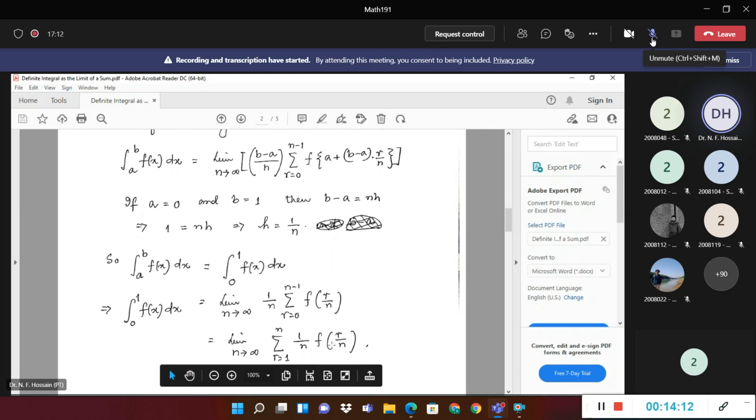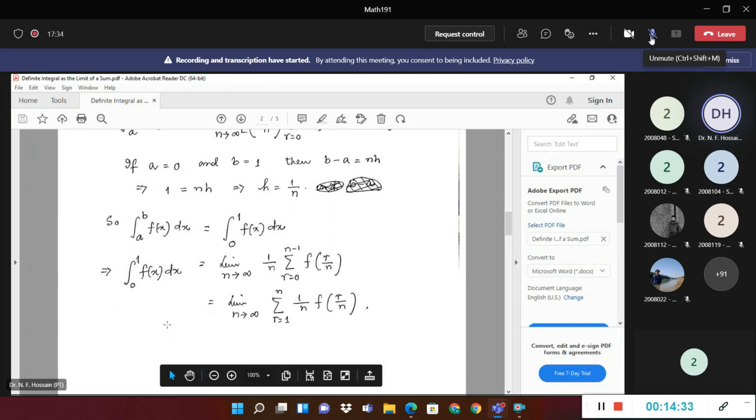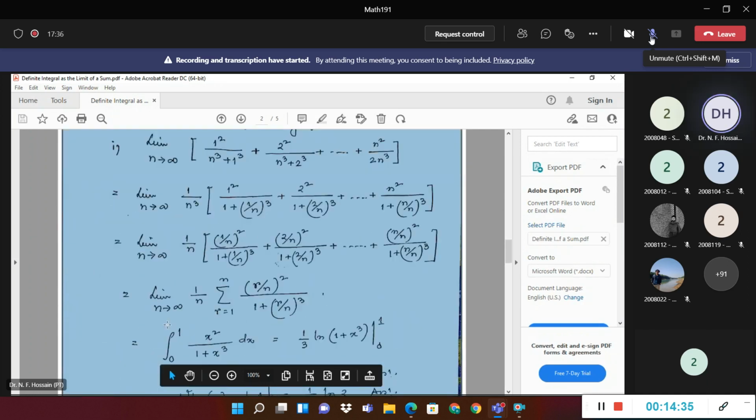If you have a limiting value something like this, then you can replace it by this integral. That's all. But this one is the general definition. The limiting value of this sum is defined as integral a to b f(x) dx. And this is actually the special case. And we are using the special case when a equal to 0, b equal to 1. This is just a special case, nothing else.